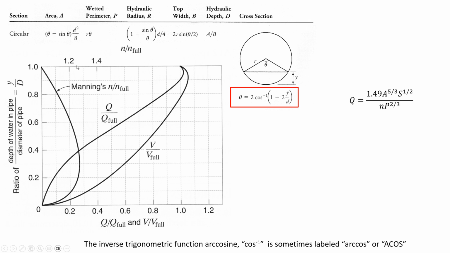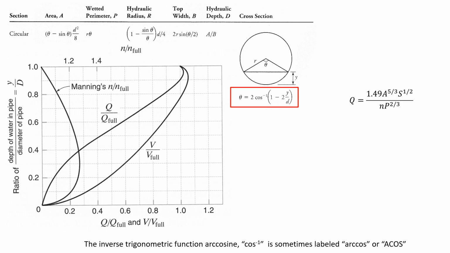And so what that's showing is that the ratio of N to N full is 1.25. So the N, if the pipe is 50% full, would be 1.25 times the N when it is full. So let's say if it was a concrete pipe, a typical N value would be 0.013.